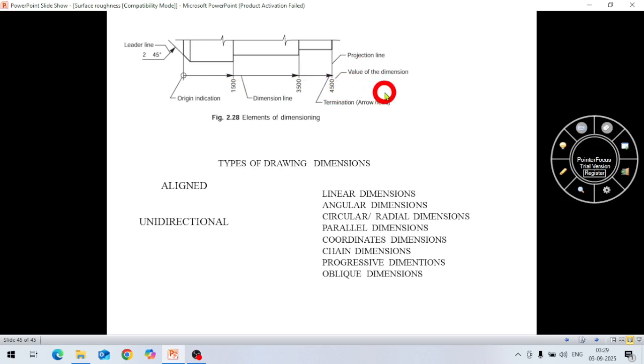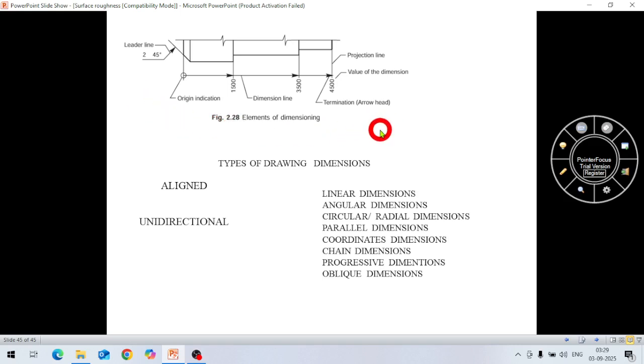So these are elements, and one more is the leader line, like this. Along with the leader we have defined this chamfer here, 2 into 45 degree. So this way the leader line also is there. These are all elements of the dimensions.